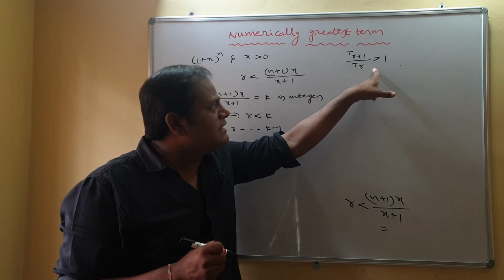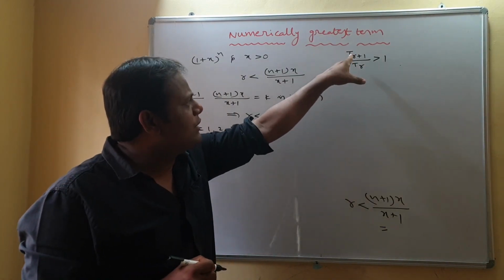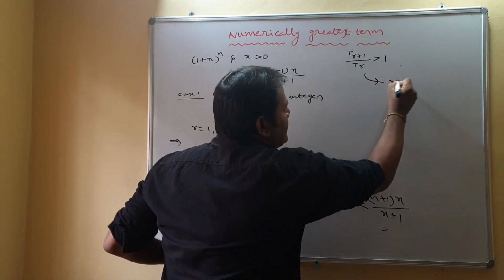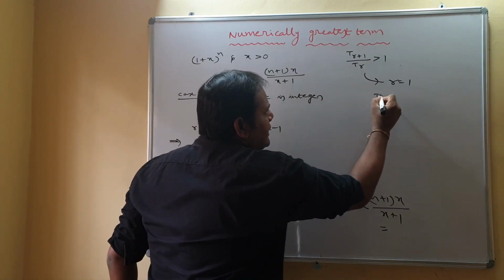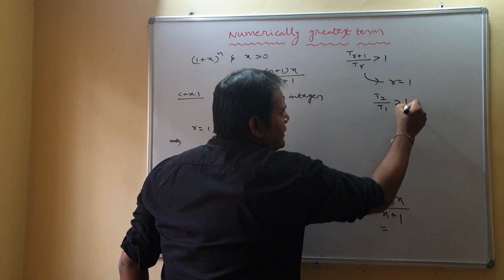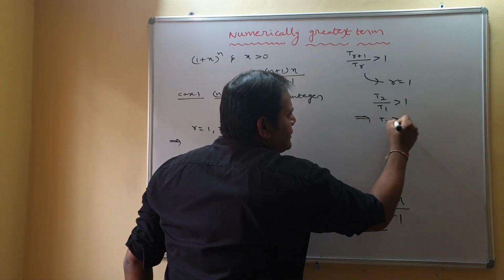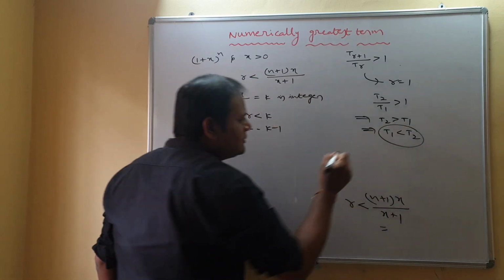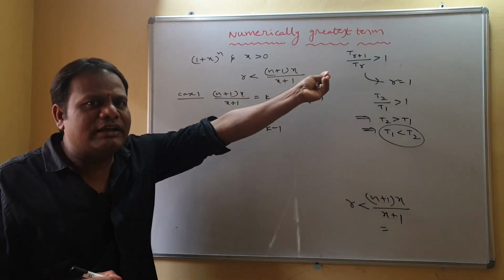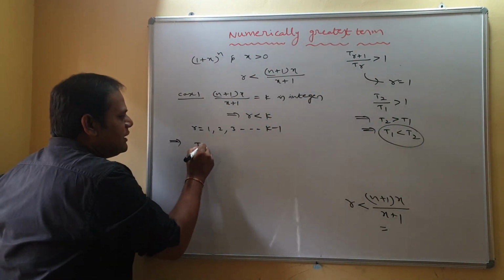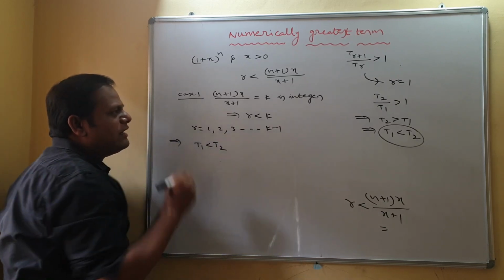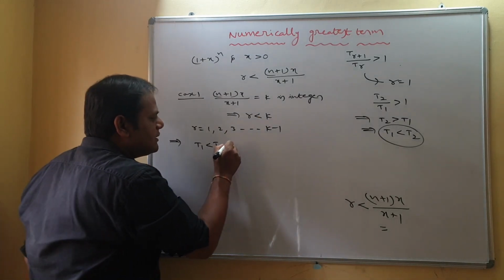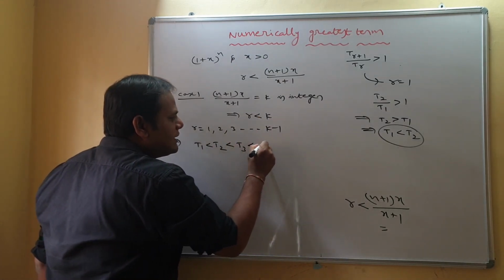We solved this in the equation, right? Suppose you take r equal to 1, what do you get? If you take r equal to 1 in this, you get t2 by t1 greater than 1. Means t2 greater than t1, means t1 less than t2. If I take r equal to 2, I get t2 less than t3, and so on.